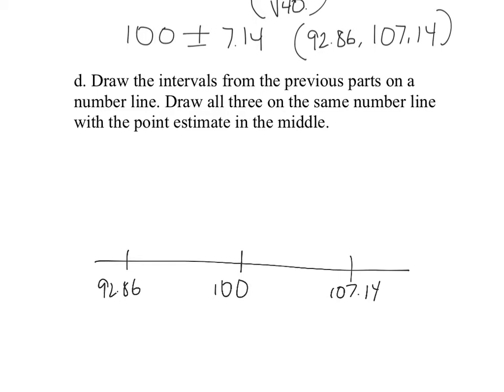The 95% confidence interval goes from 94.58 through 105.42. And the 90% will be even smaller than that.